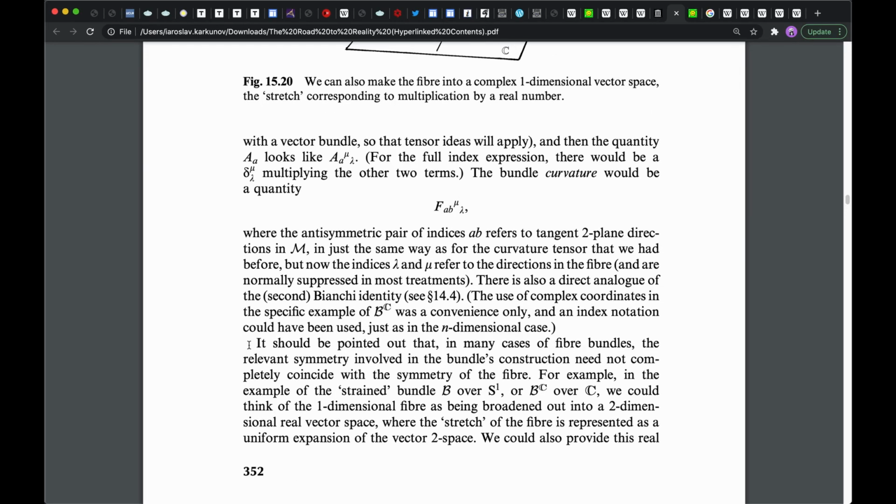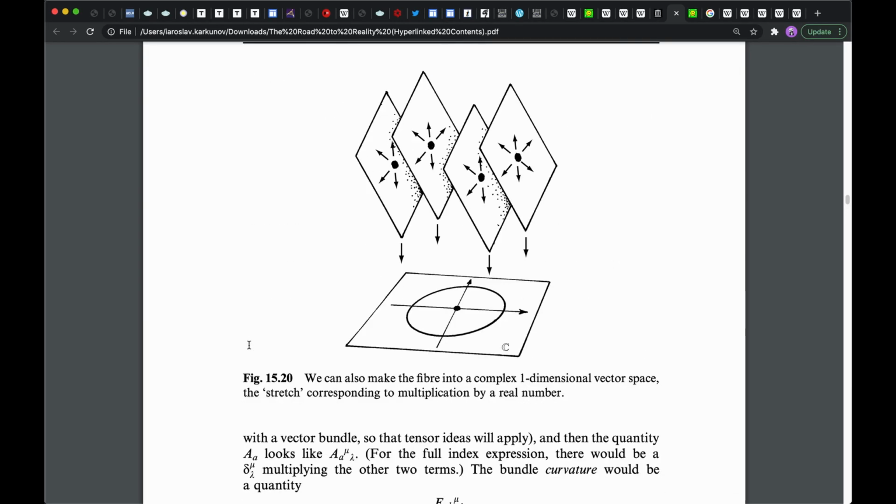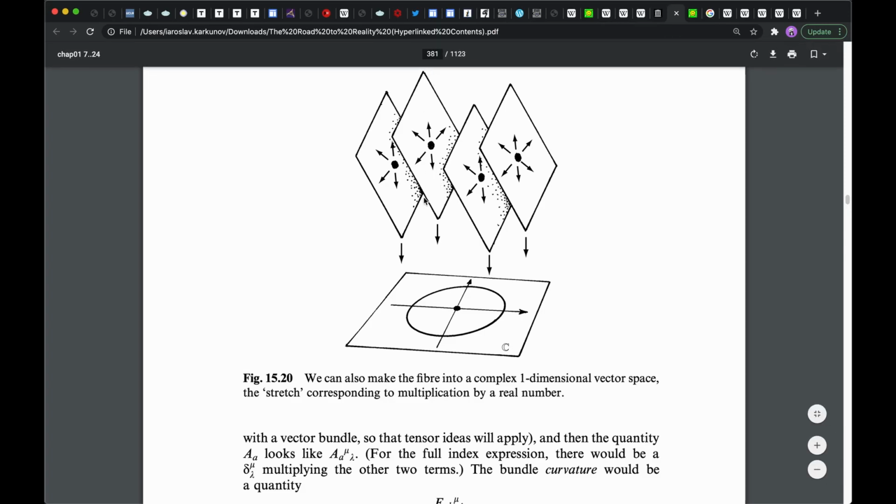Yeah, but anyway, he has been talking also about how we can generalize the situation or example by making our fibers two-dimensional by introducing the planes here and applying a real stretch factor to those. We could also interpret those as a complex one-dimensional vector space with a real stretch factor.